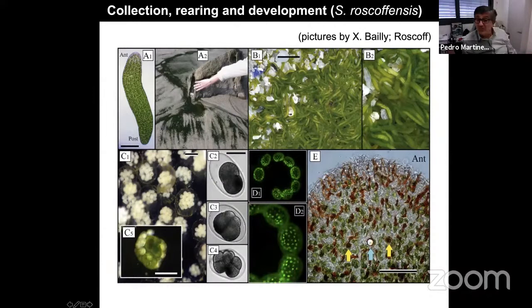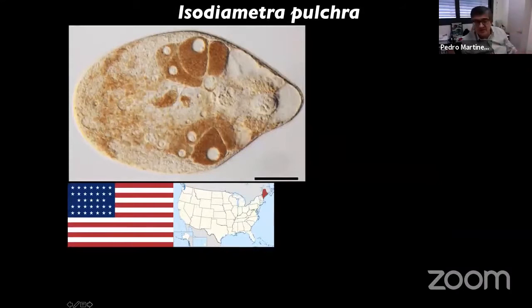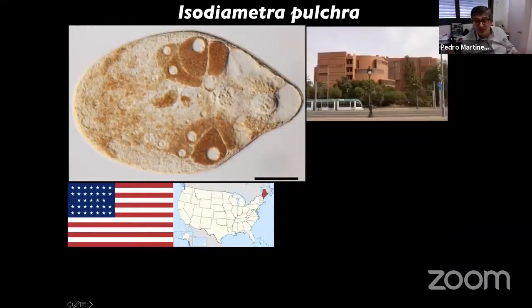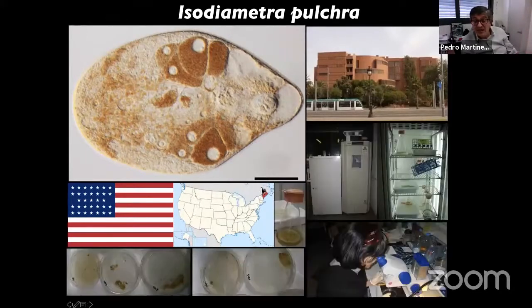So this is with respect to one animal. This animal is normally collected, but we don't keep it in the lab for long periods of time, as they are difficult to culture. There is another species which originally comes from the northern part of the US, the coasts of Maine and Massachusetts.